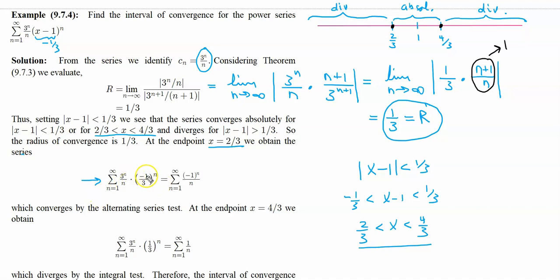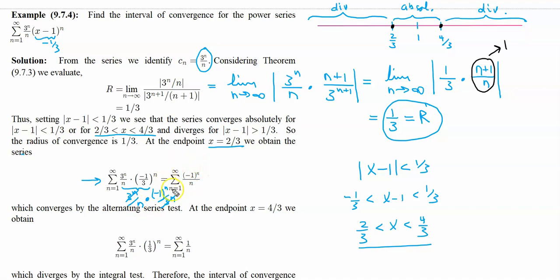And now simplifying this a little bit, just notice that this right here we can write as 3 to the n over n times negative 1 to the n over 3 to the n. And of course these 3 to the n's cancel. And you're left with negative 1 to the n over n.